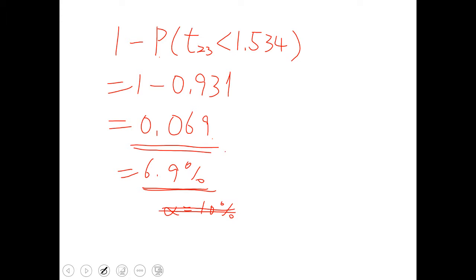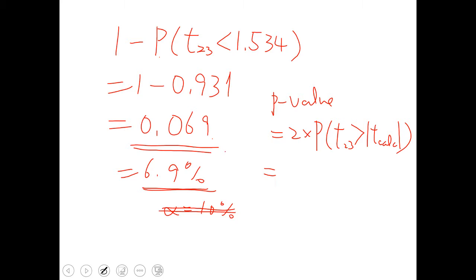Okay. And the p-value is 2 times the probability that the t distribution with degrees of freedom 23 is greater than the absolute value of t-calc. And what we did is the probability that the t statistic is greater than 1.534.